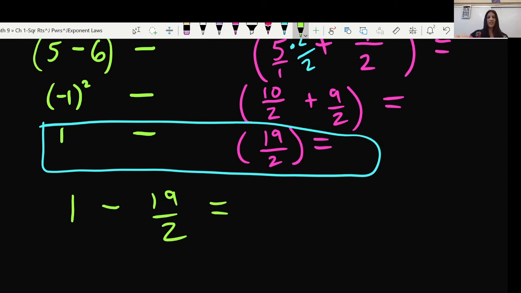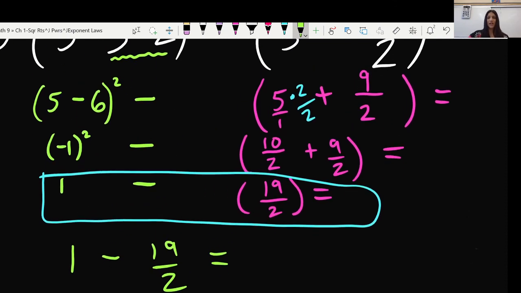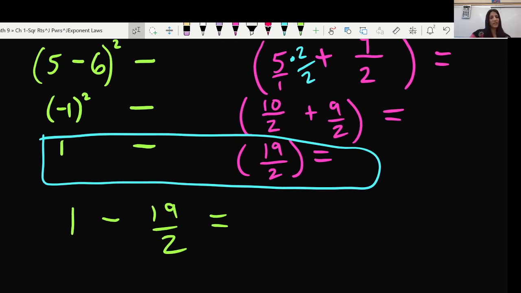So just like in the pink part here, we need to get a common denominator. So another way I could write the number 1 is to just call it 2 over 2. And so after doing this, I'm still going to have a denominator of 2. 2 minus 19 gives us negative 17.